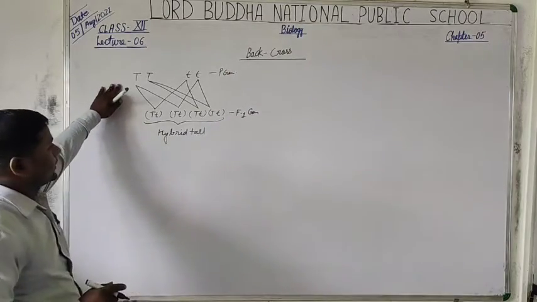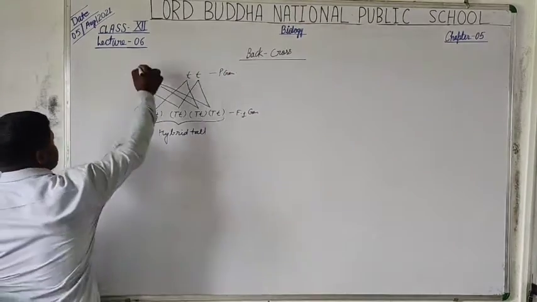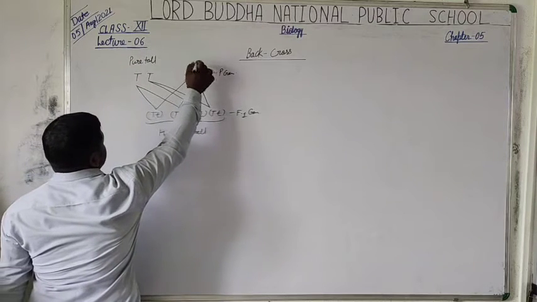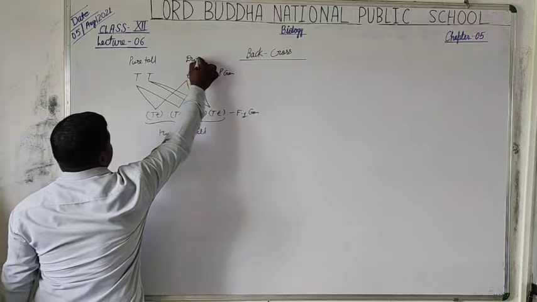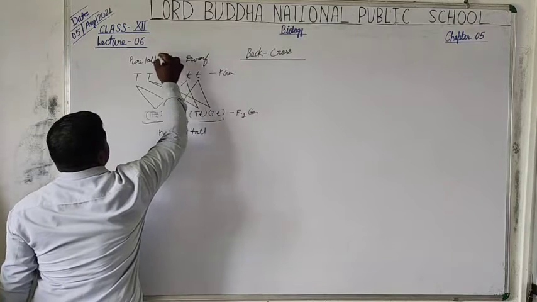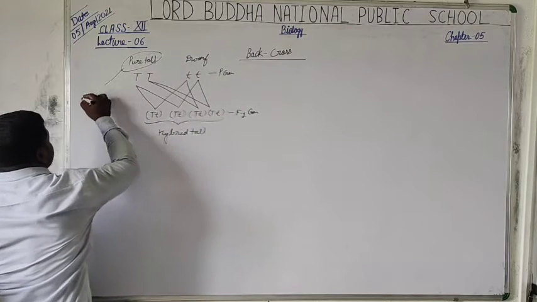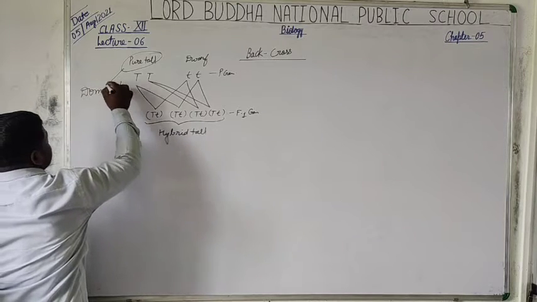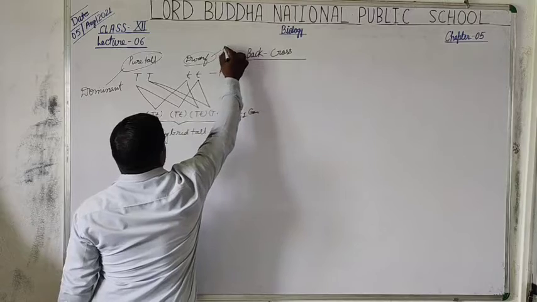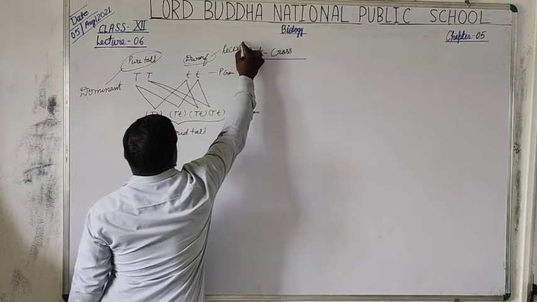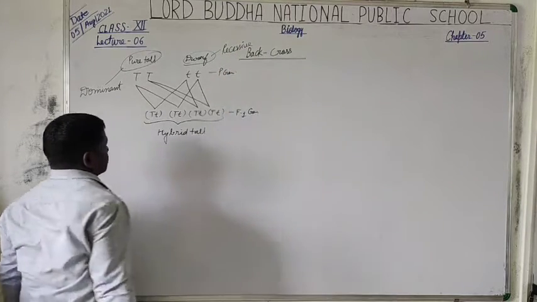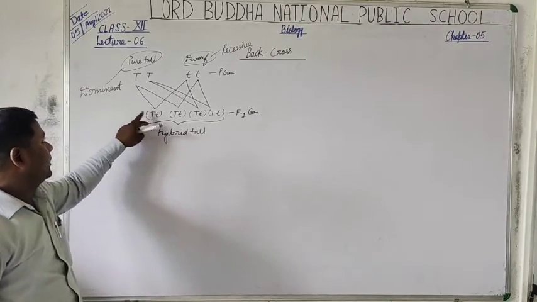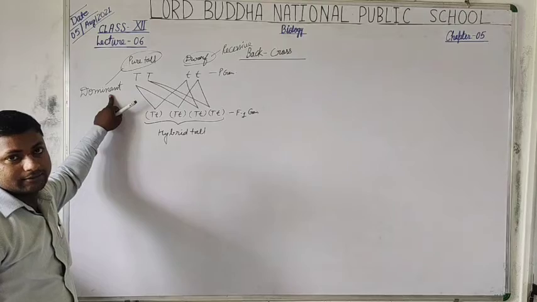In the parental generation, this is the pure tall plant and this is the dwarf. The pure tall is the dominant trait, and dwarf is the recessive one. Recessive characters get overlapped by the dominant character. Is that clear?